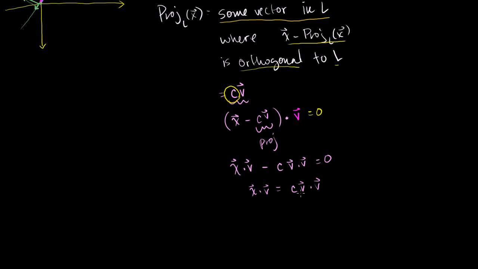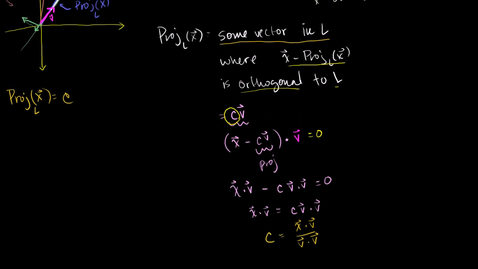Solving for c, let's divide both sides of this equation by v dot v. You get c is equal to x dot v divided by v dot v. Now what was c? We're saying the projection of x onto L is equal to some scalar multiple, right?